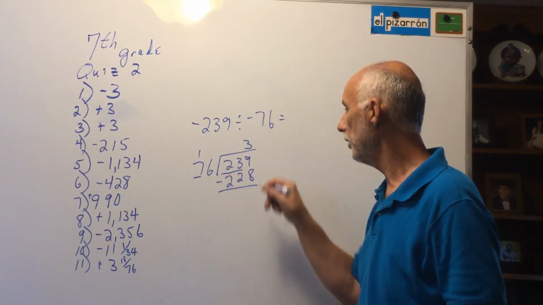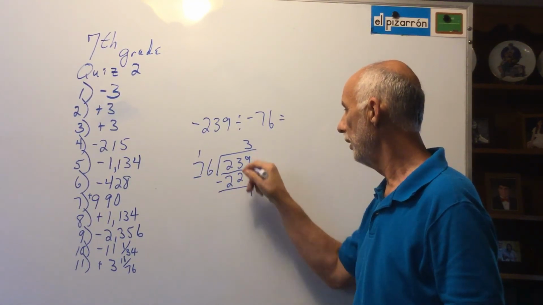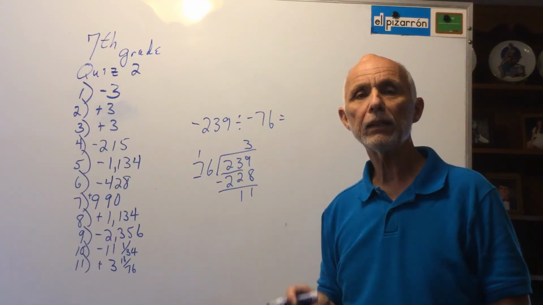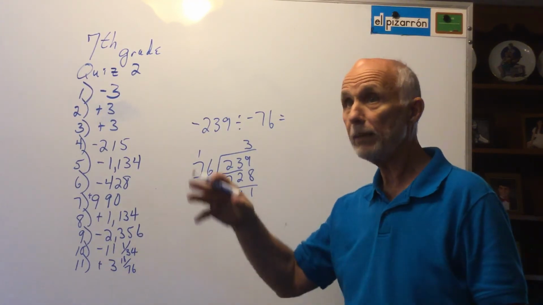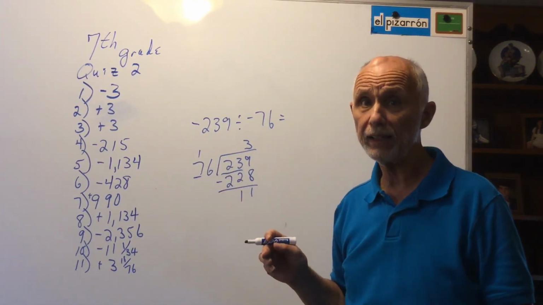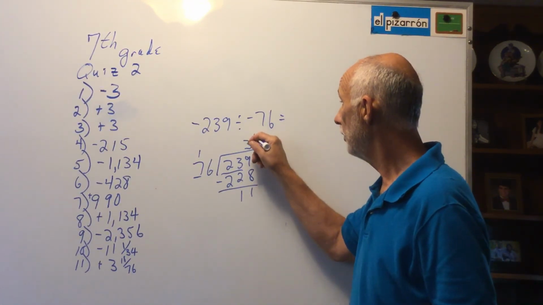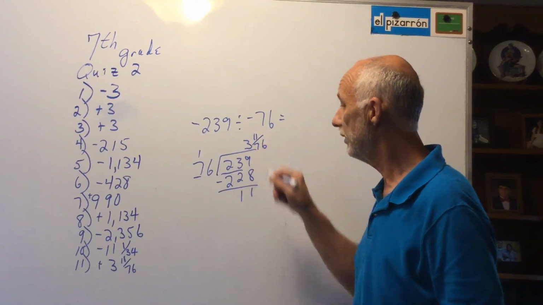Pretty easy division. 9 minus 8 is 1. 3 minus 2 is 1. And again, do not make your remainder a decimal. It's going to keep going on and you don't want to do that. Make your remainder a fraction and it becomes 3 and 11/76.